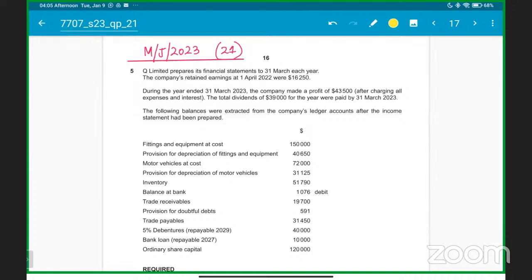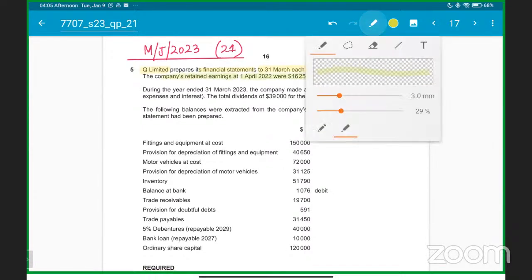So we have Q Limited, a company which prepares its financial statements to 31st March each year. So we have clearly an idea here that the year starts on 1st April and ends on 31st March, right? The company's retained earnings at 1st April 2022 were $16,250.